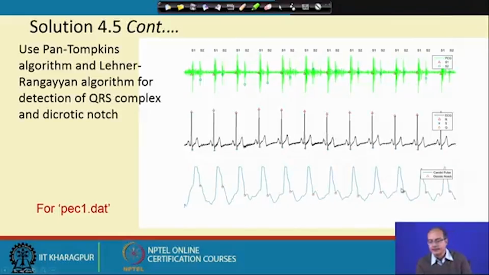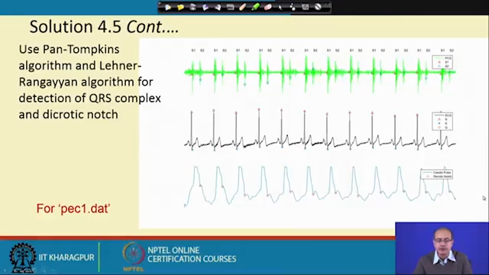We have already discussed these points in the previous assignments. So, here at the top we have the PCG signal given, and we have marked the S1 and S2 locations. How do we get that?